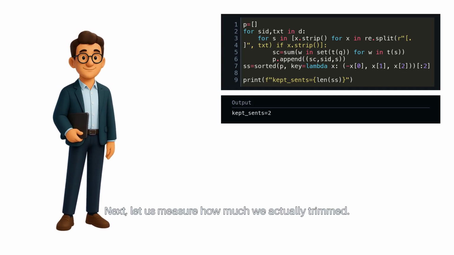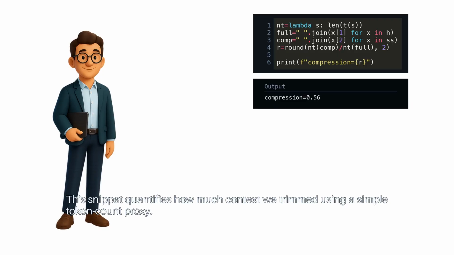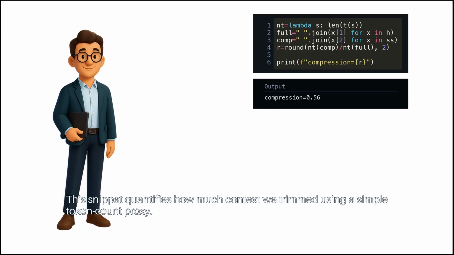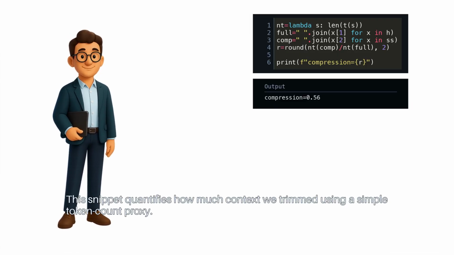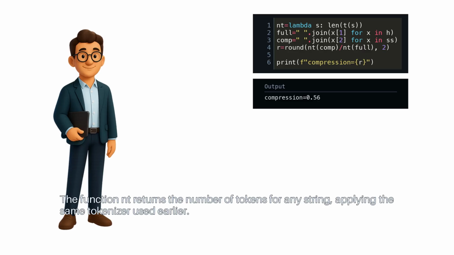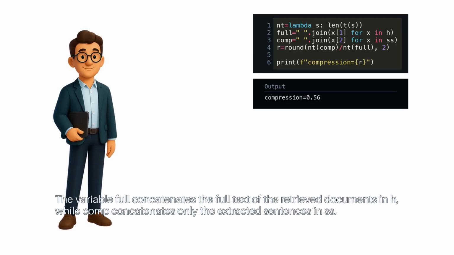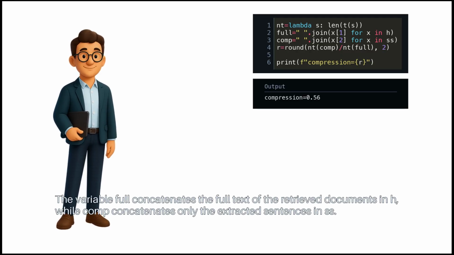Next, let us measure how much we actually trimmed. This snippet quantifies how much context we trimmed using a simple token count proxy. The function NT returns the number of tokens for any string, applying the same tokenizer used earlier. The variable full concatenates the full text of the retrieved documents in H, while comp concatenates only the extracted sentences in SS.